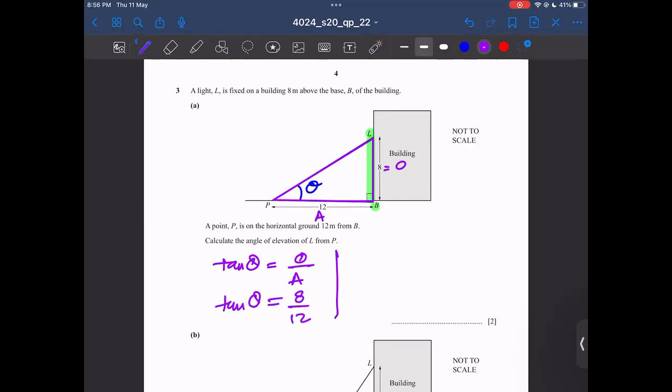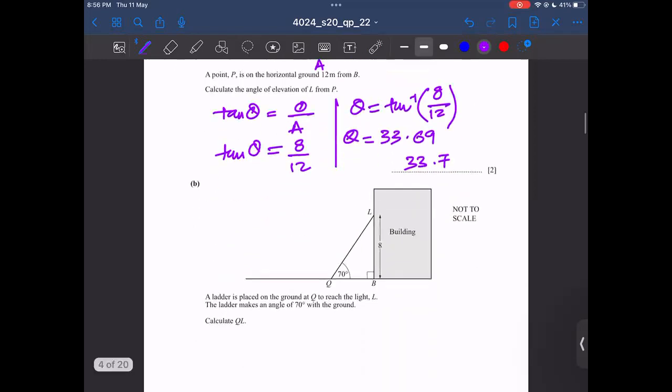Since I need to find the angle, I'm going to find tan inverse 8 over 12, which is 33.69. After rounding it off, I will get 33.7 to 1 decimal place, as it is an angle. So I'm going to round it off to 1 decimal place, not 3 significant figures.